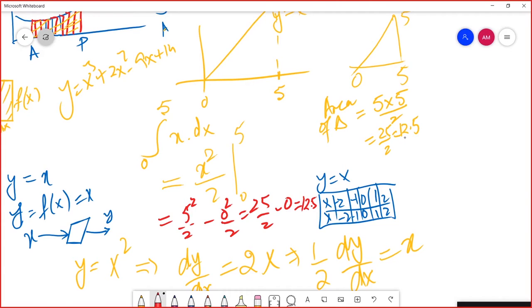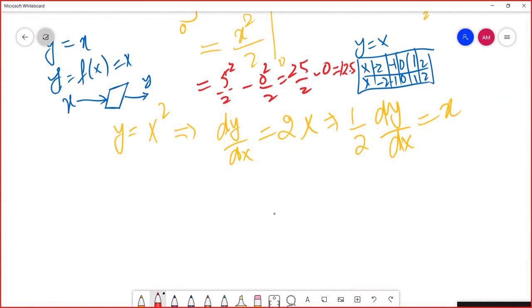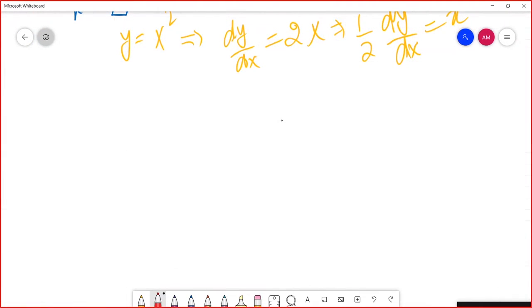And why is this anti-differentiation more powerful? Because many times we come across non-linear equations which are difficult to otherwise find. Okay, that's good.